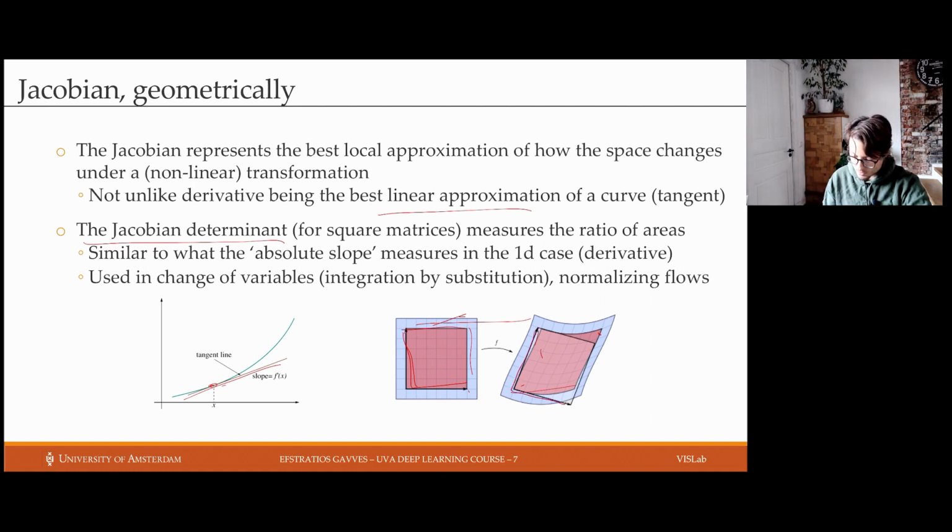As we can see here, the Jacobian is a rectilinear shape that tries to approximate the red one, and its size is captured by the Jacobian determinant. It's very similar to the absolute slope measured in the 1D case. We use the Jacobian in the change of variables and in normalizing flows.